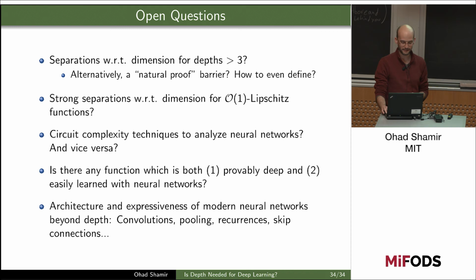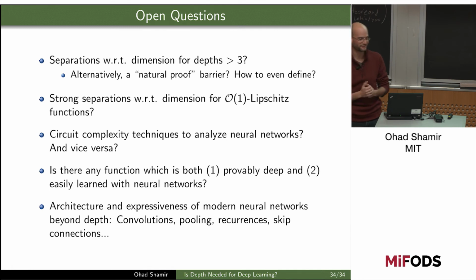And finally, in this talk, I focused on depth, but there are many other architectural choices that affect the expressiveness of neural networks. I mostly focused on very simple feed-forward neural networks, but real-world networks often have additional stuff.